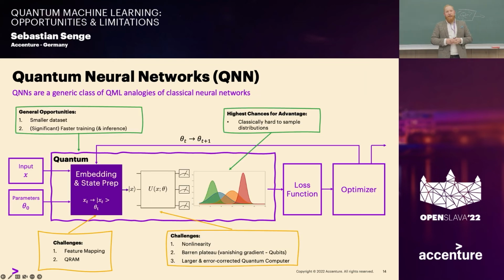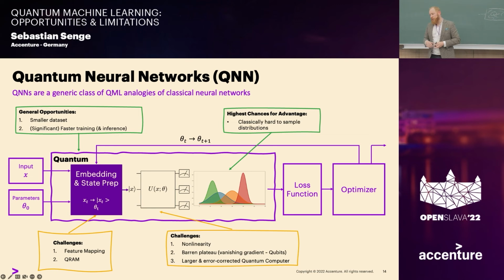So now let's have a closer look at a quantum neural network, and this is the same structure as on the previous slide, right? So we start with the input on the left side, then we do this embedding and state preparation for a quantum computer. Then you have this quantum circuit, so the capitalized U. That's basically the quantum circuit that we have here. And at the end, as was already explained in the previous talk, we need to measure, and then we get some distributions, right?